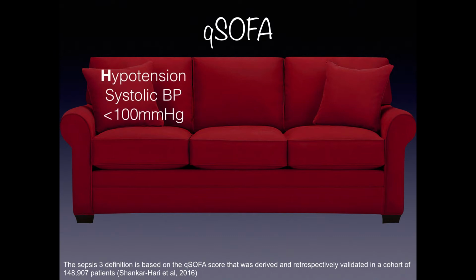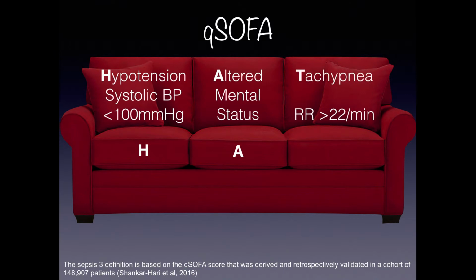I can remember this. So hypotension with a systolic less than 100. So just remember H for that. Altered mental status, that can be with a GCS, or if family is telling you that they're more altered, that's your altered part, so that's the A. And then tachypnea, respiratory rate greater than 22 breaths a minute. So there's your HAT.